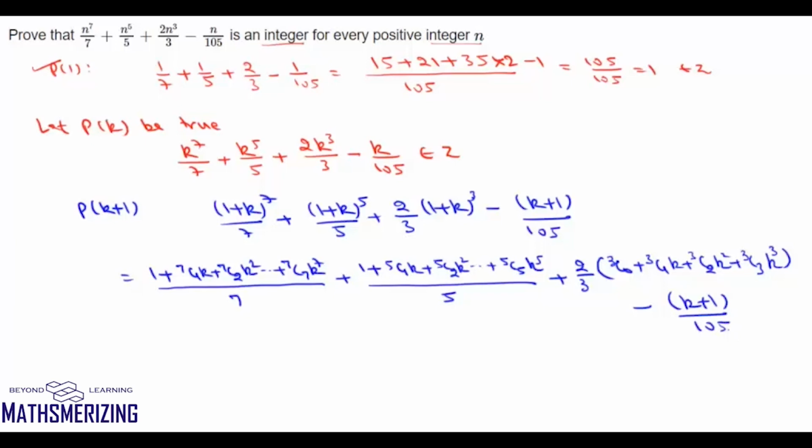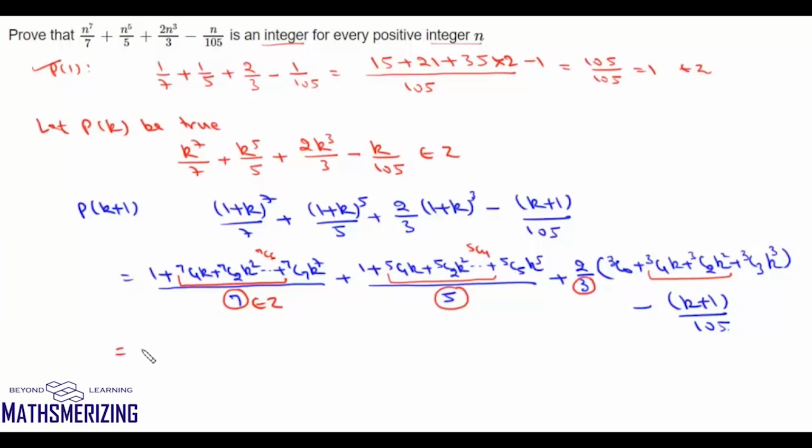Now in each of the expressions, this 7c1, 7c2 and up to 7c6, they are all divisible by 7. So it will be an integer. In the same way, for this one, 5c1 up to 5c4, they'll be divisible by 5. And the same way, 3c1 and 3c2, they'll also be divisible by 3. So that means all these three expressions, they are integers.